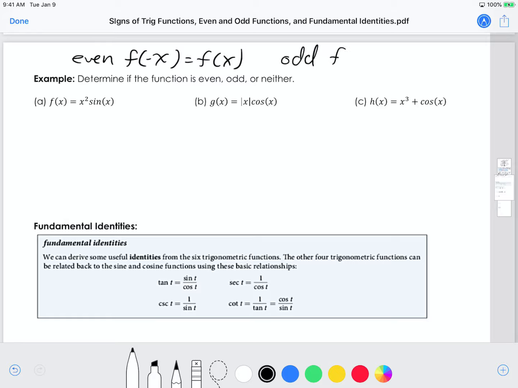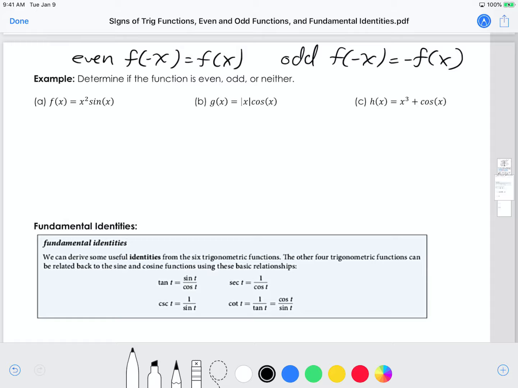If it's odd, then when I replace x with negative x, it's going to switch the sign of my output. So we're going to take all of these examples, A, B, and C, replace my x's with negative x's, and then check the result to make our decision.